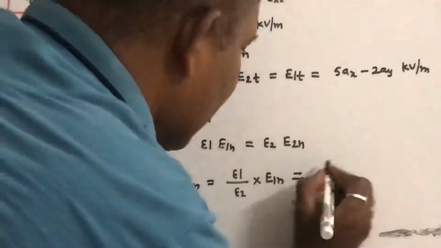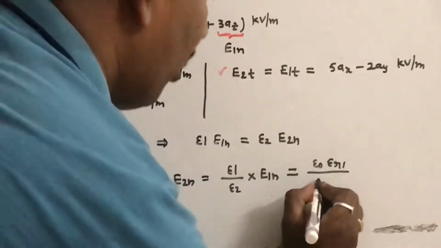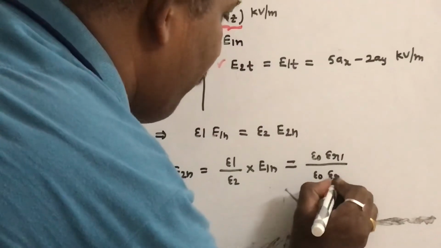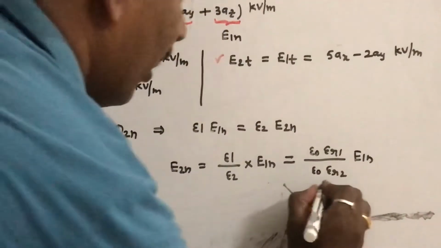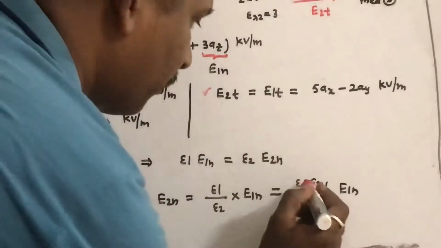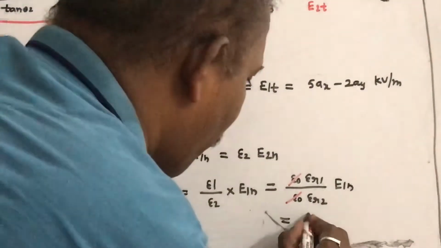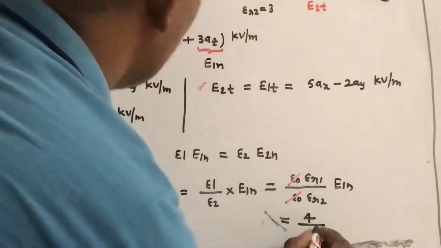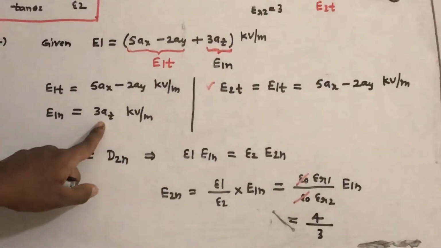From this, what is epsilon 1? Epsilon naught into epsilon r1, by epsilon 2, which is epsilon naught into epsilon r2, into E1n. From this relation, epsilon naught cancels out. Epsilon r1 is given as 4, epsilon r2 is given as 3, and E1n we have found as 3az.